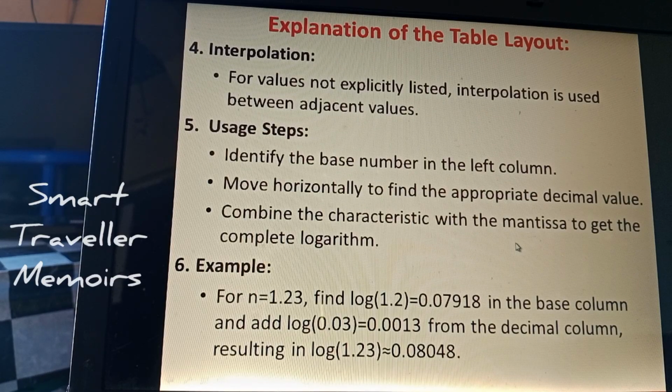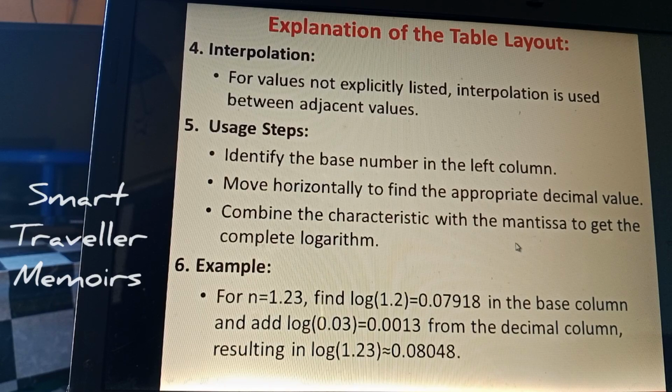Interpolation. For values not listed, interpolation is used between adjacent values. Usage steps: identify the base number in the left column, move horizontally to find the appropriate decimal value, combine the characteristic with the mantissa to get the complete logarithm.